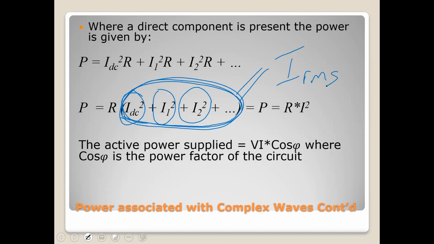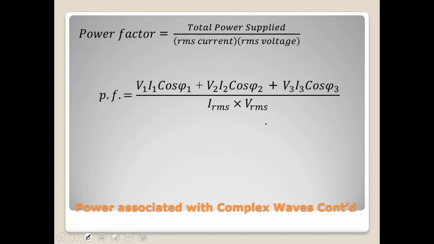All right. So going back to the power factor. We have this expression for the active power, VI cos phi, and we have I squared R. So it means I can therefore find the power factor of my circuit. The power factor would be the total power supplied divided by the RMS current times the RMS voltage.